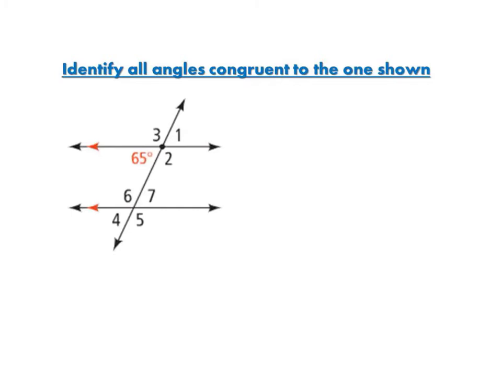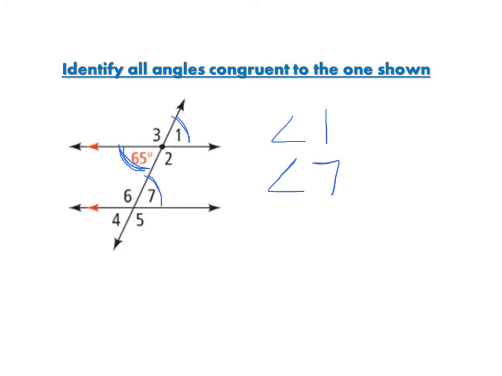Now we're going to put everything that we've learned together. It says to identify all angles congruent to the one shown. This angle right here is 65 degrees. Vertical angles, or kissing fish, are also congruent. So we have angle 1 is congruent. We also know that alternate interior angles are congruent. That makes angle 7 congruent.